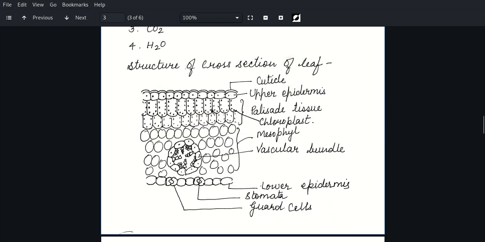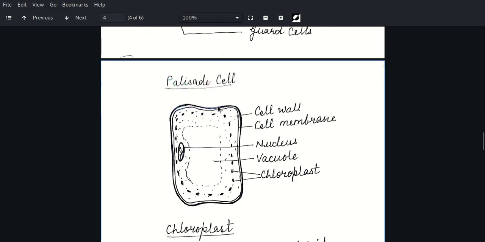Now we'll see the structure of palisade cell. This is single cell of palisade tissue. It has large amount of chloroplast and a large vacuole. This is nucleus.